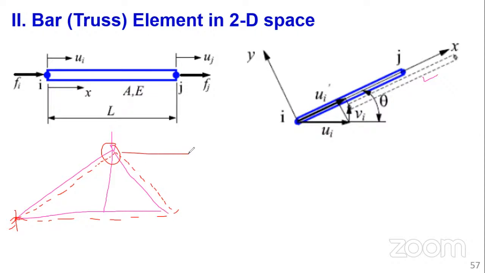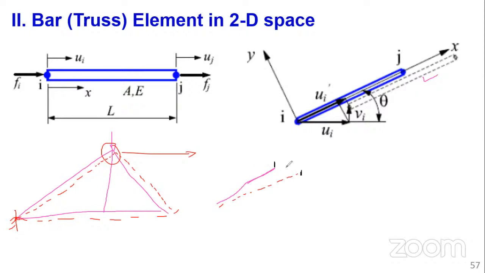So if we enlarge this joint, we are saying the original element was like that. The deformed element will be something like that. So our node here, if this was node 1, the deformed one will be here.